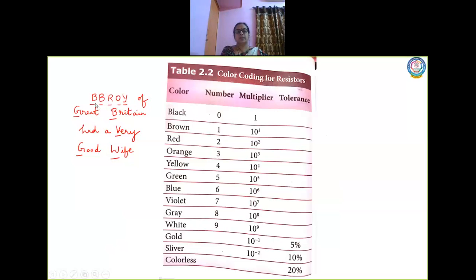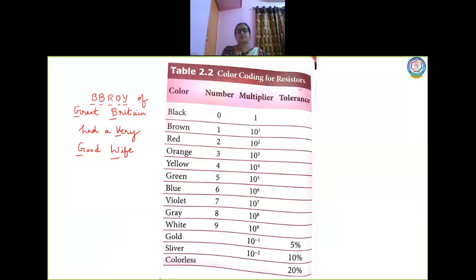So start from black. Black has got the number 0. Then brown 1. Then red 2. Orange 3. Yellow 4. You can give the numbers starting from 0. You have 10 numbers here: 0, 1, 2, 3, 4, 5, 6, 7, 8, 9.